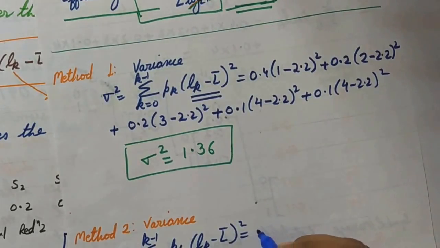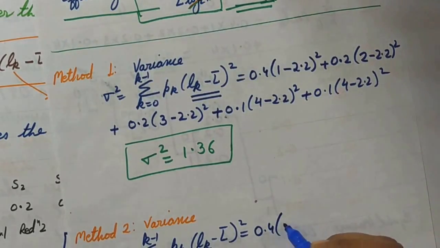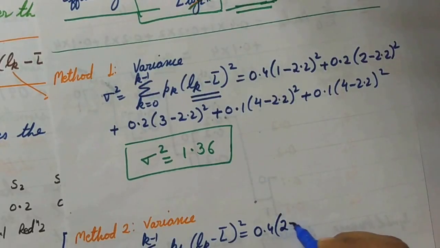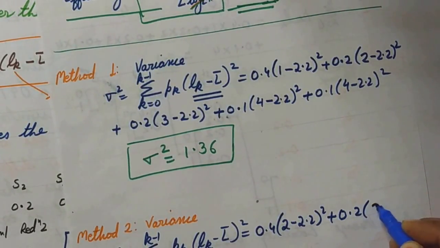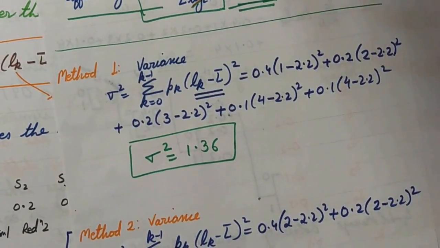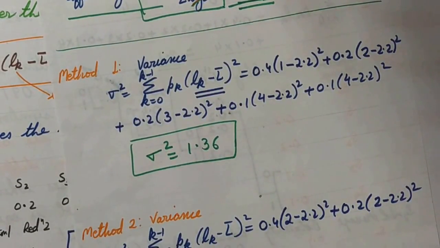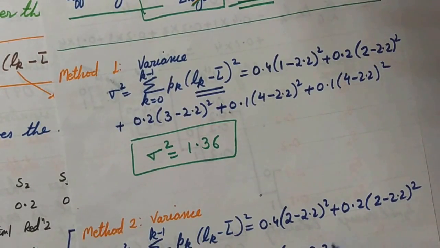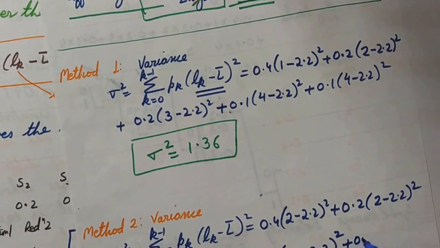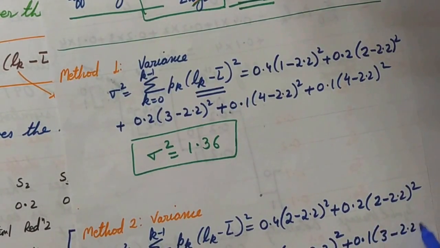I'll put in all the values: 0.4 into 2 minus 2.2 whole square, plus 0.2 into 2 minus 2.2 whole square, plus 0.2 into 2 minus 2.2 whole square, plus 0.1 probability with code length 3 minus 2.2 whole square, plus 0.1 into 3 minus 2.2 whole square.